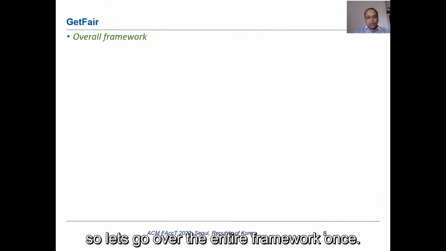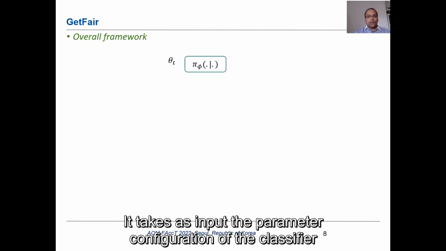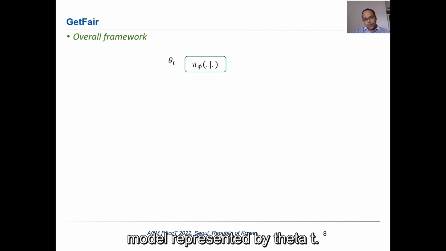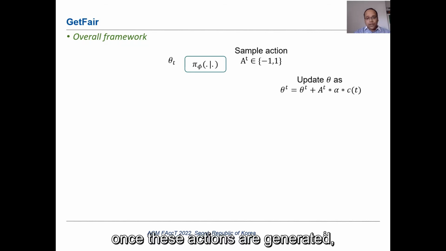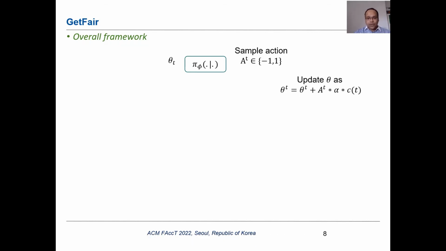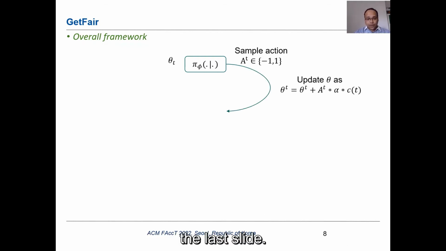Okay, so let's now go over the entire framework once. We have the policy, which is pi, which is parameterized by phi. It takes as input the parameter configuration of the classifier model represented by theta t, and based on that it generates actions. Now once these actions are generated, the parameter configuration is updated using the update formula which we discussed in the last slide.